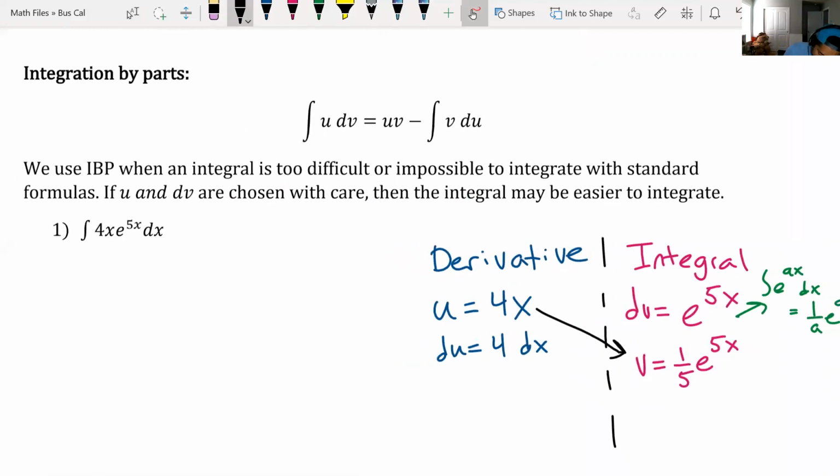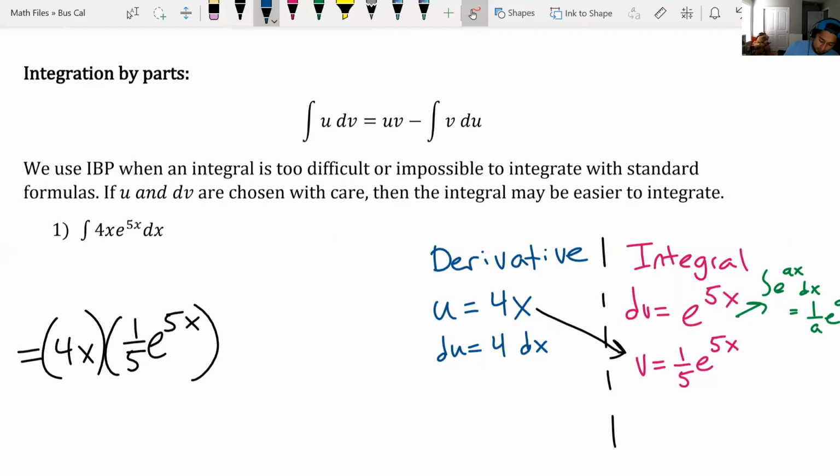So this becomes 4x times 1/5 e to the 5x. This was u times v.